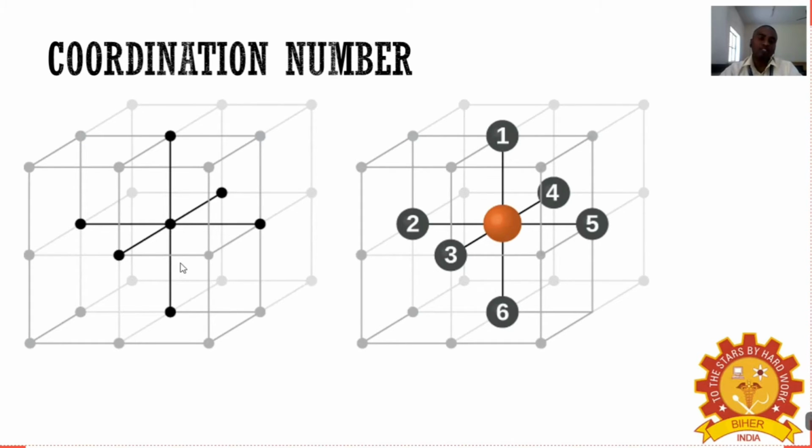Similarly, each chloride ion is surrounded by sodium ions. In the sodium chloride crystal structure, each sodium is surrounded by 6 chloride ions, and each chloride ion is surrounded by 6 sodium ions. So the number of opposite ions present in the crystal lattice is called the coordination number.